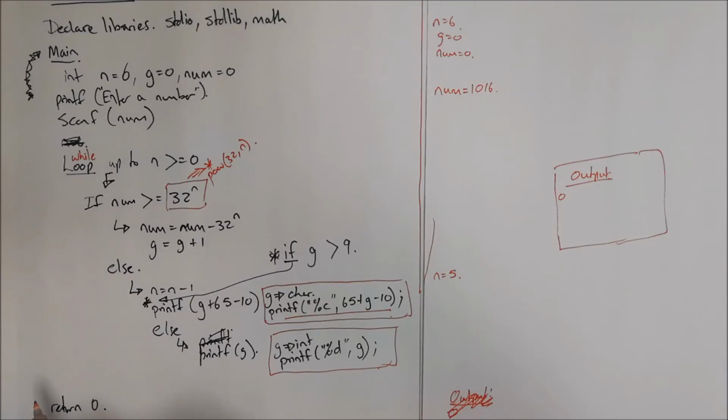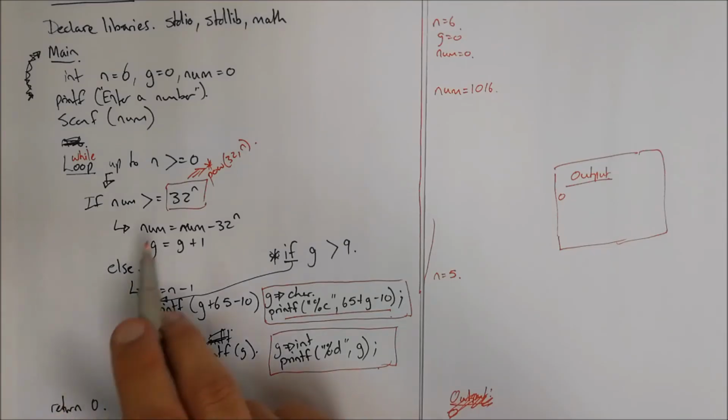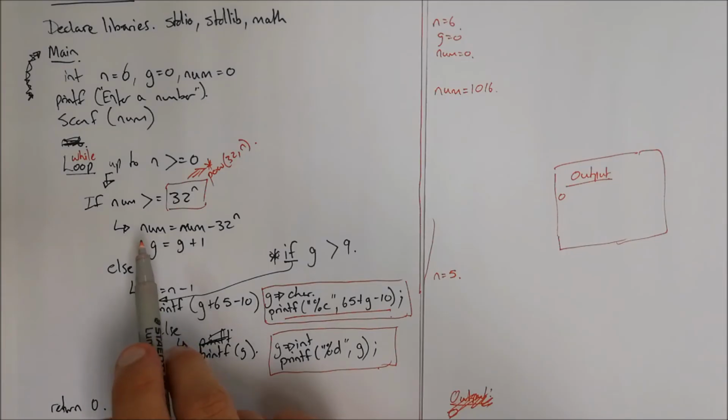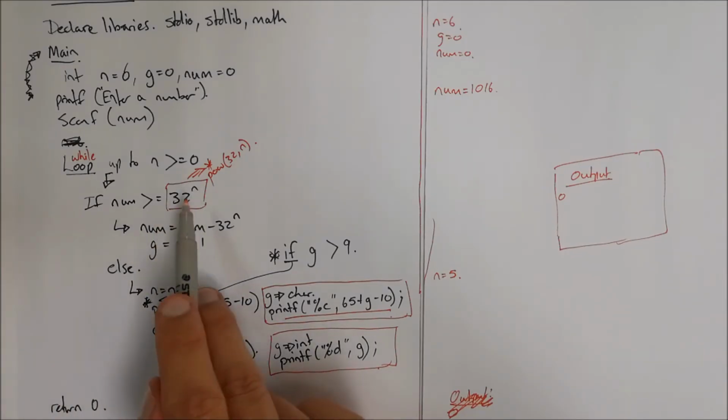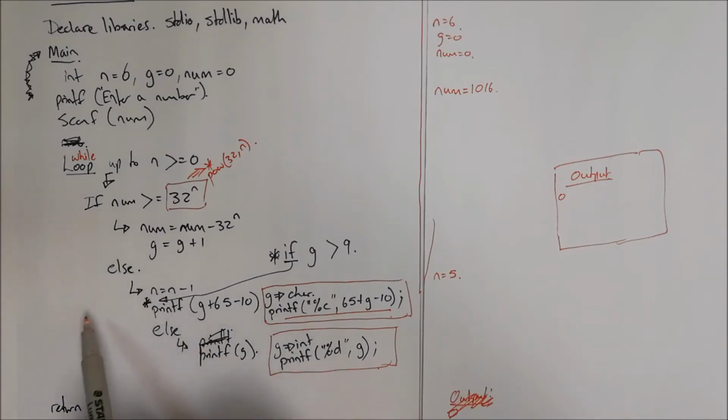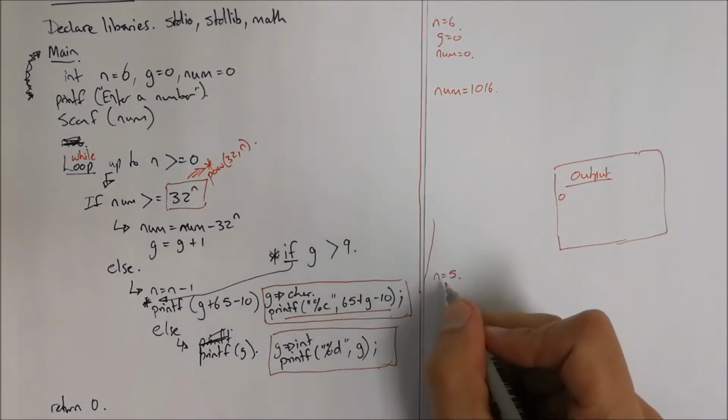Now 32 to the power of 5 is still a larger number. Remember, we realized when we did the calculation that only up to 32 to the power of 1 was valid. So we know that's not true, therefore this is skipped, n is going to decrease, and now n is equal to 4.